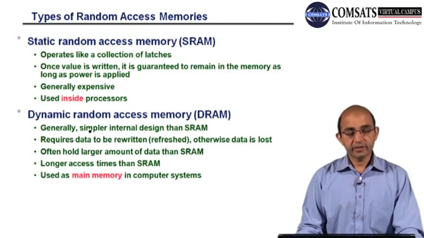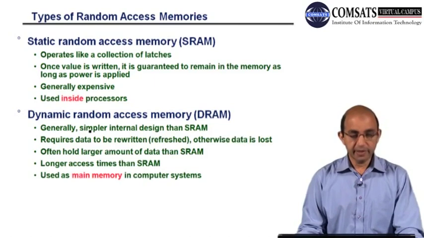In the case of static RAM, we have latches, and once a value is written, it is guaranteed to remain as long as the power is applied. So it's expensive, and it has a built-in processor. If we have an SRAM chip, the processor has to be built inside the chip.